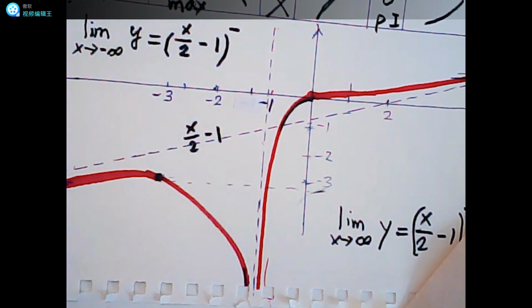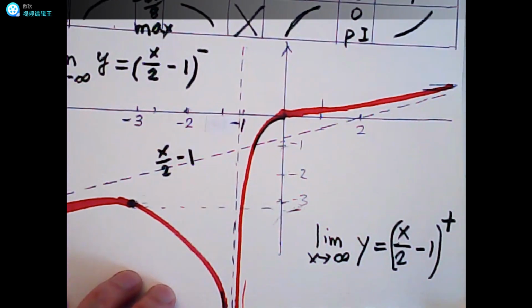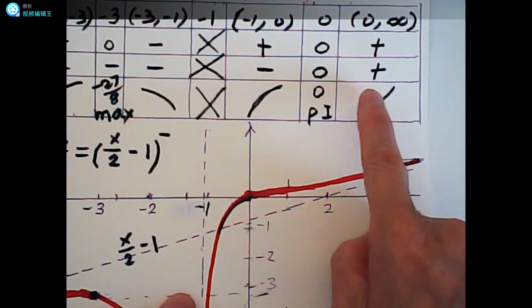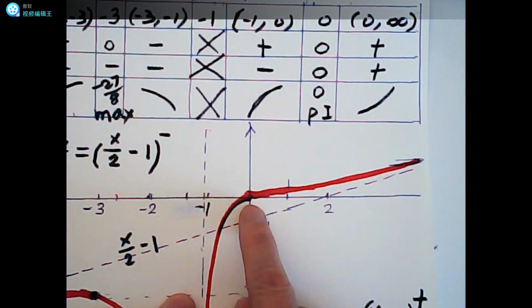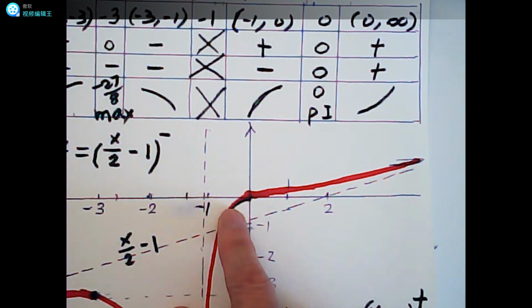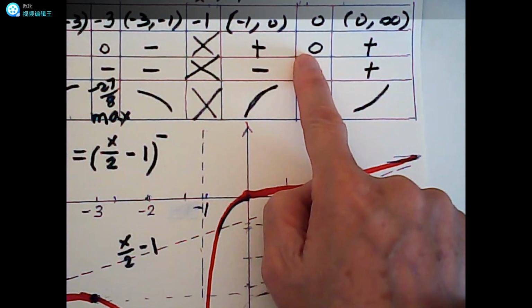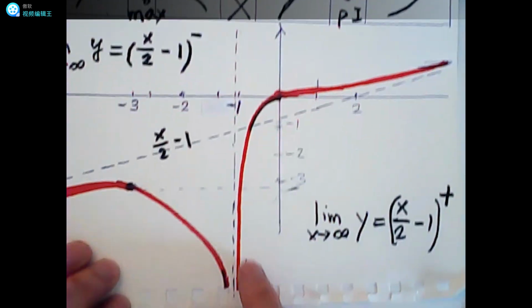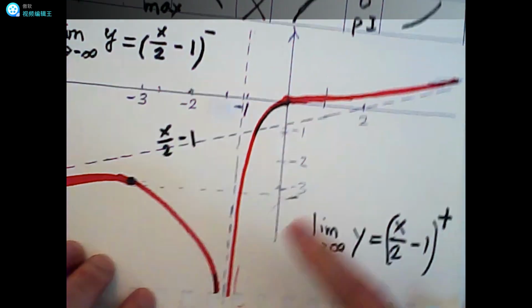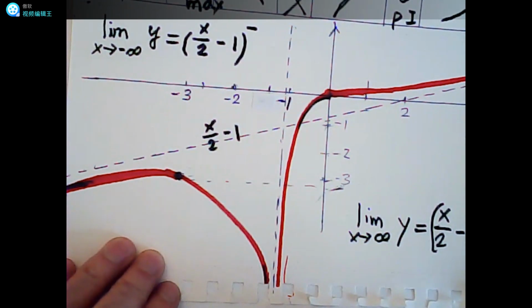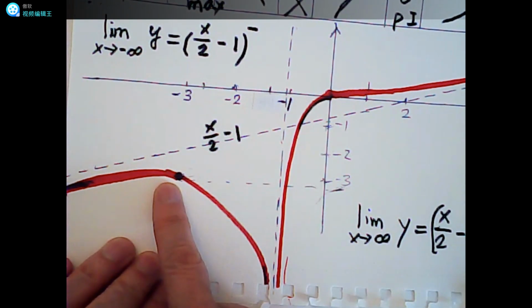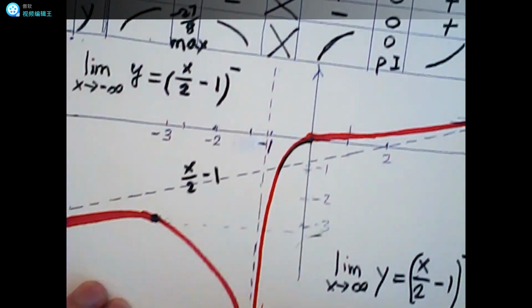Very nice way to sketch the curve. I just want to emphasize again, this is the shape. At 0, the gradient of the tangent is 0. At this side, the gradient of the tangent is also 0. And the vertical asymptote, oblique asymptote, maximum, and the point of inflection.